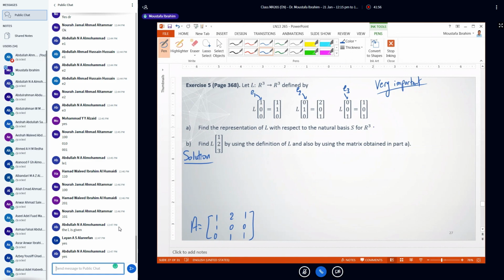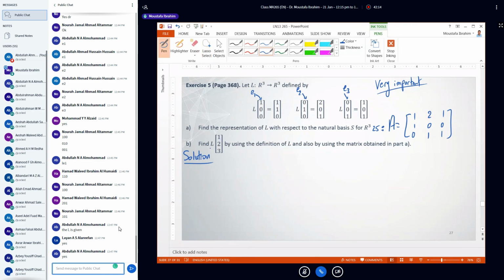So here the standard basis is this guy here. Correct? Now I have the standard basis matrix.